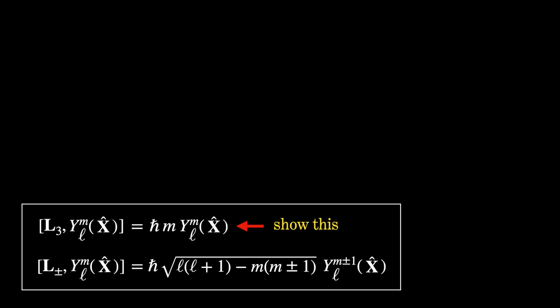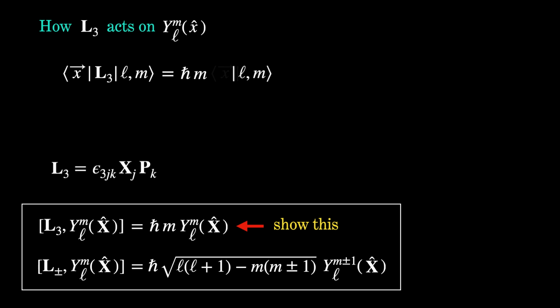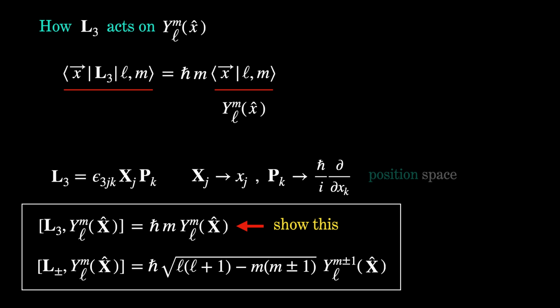We start by remembering how the third component of the orbital angular momentum, L3, acts on the spherical harmonics. Using the eigenvalue equation, to work out the left-hand side, just use the position space representation of the position and momentum operators in the definition of angular momentum.